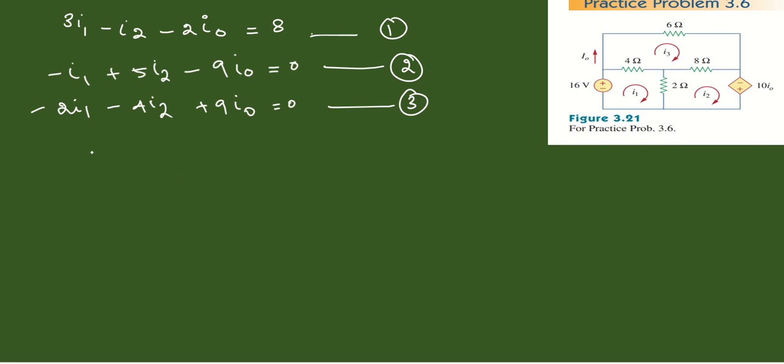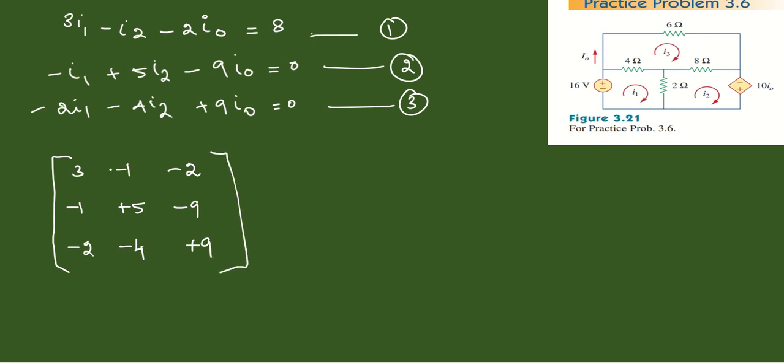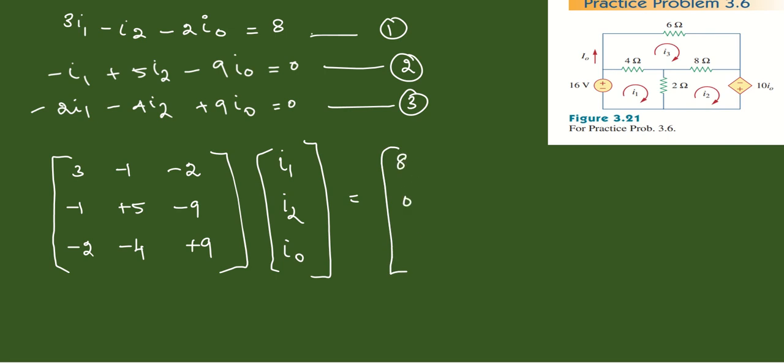So I'm going to write this in matrix format: 3, minus 1, minus 2; minus 1, 5, minus 9; minus 2, minus 4, 9; multiplied by I1, I2 and I0. That is equal to, on this side, 8, 0, 0.